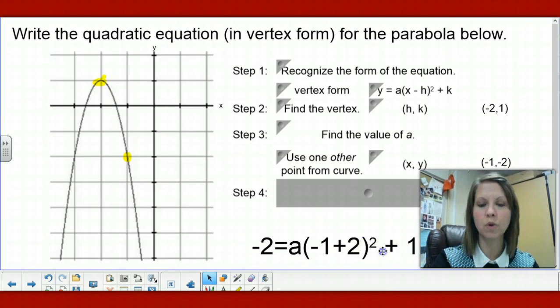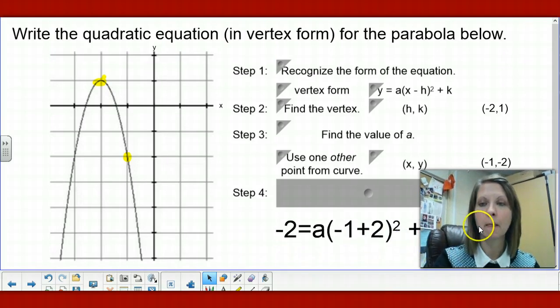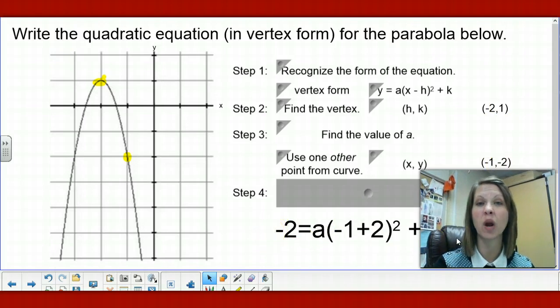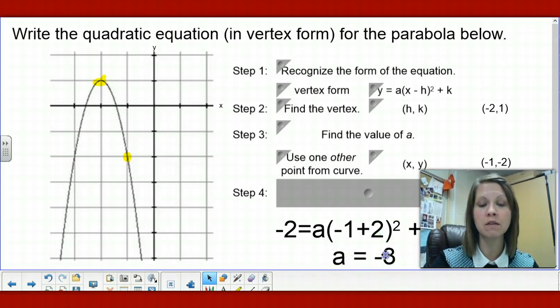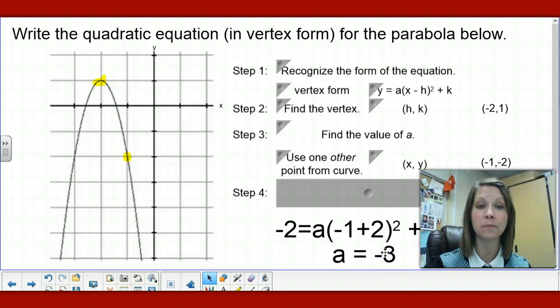All right, so this is what you have to do with step 3. You fill in the h, k, you fill in the x, y, and then you have to simplify this equation to solve for a. When you do that, you are going to find that a is equal to -3. The negative you should have expected, remember, because this cup's down.